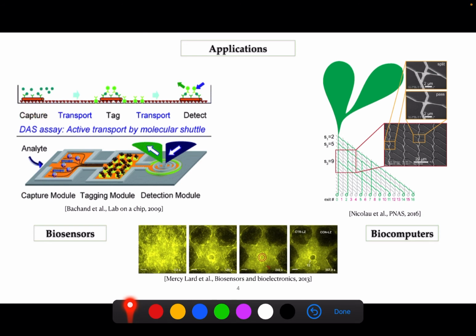Then the cargo carrying filaments are fluorescently labeled to aid in movement tracing. The cargo or the analyte is then allowed to move, and when it reaches the detection point, the observed reflected light can indicate whether the cargo has been delivered or not.